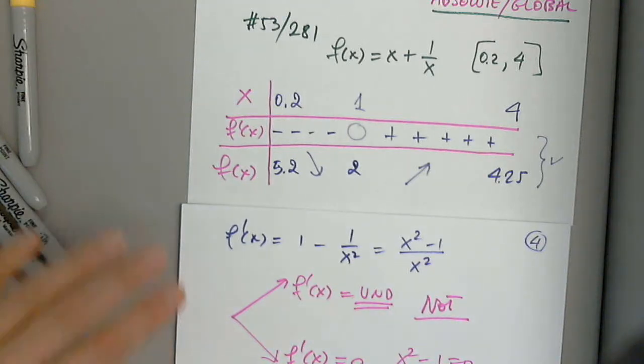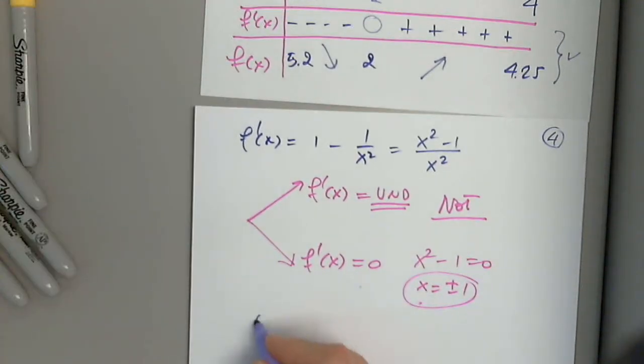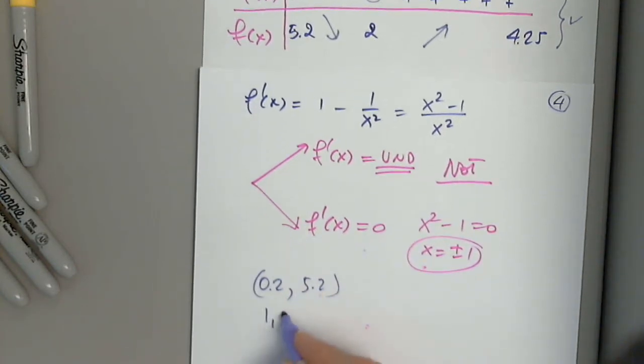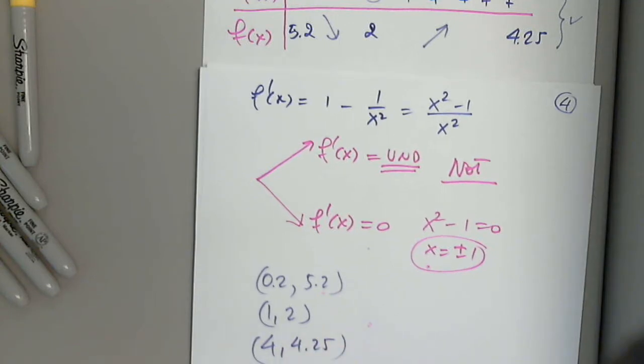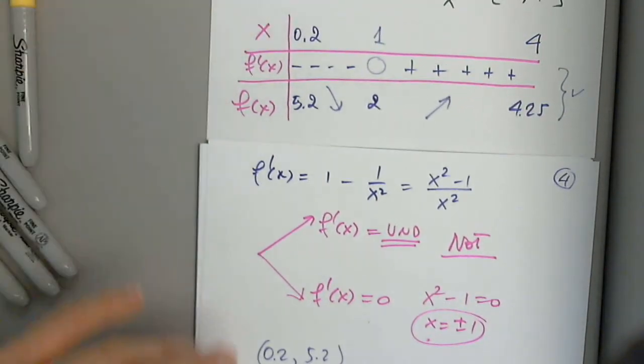Okay, now we have to establish what 0.2 comma 5.2 means, 1 comma 2, and 4 comma 4.25. We have to establish and write what those mean. Since 1 comma 2, the function decreases towards it and then increases. What can I say about 1 comma 2?